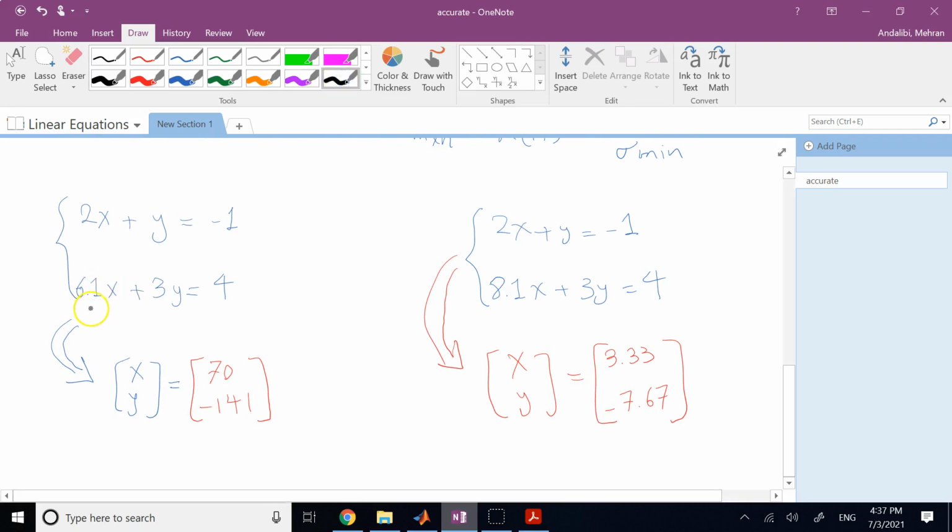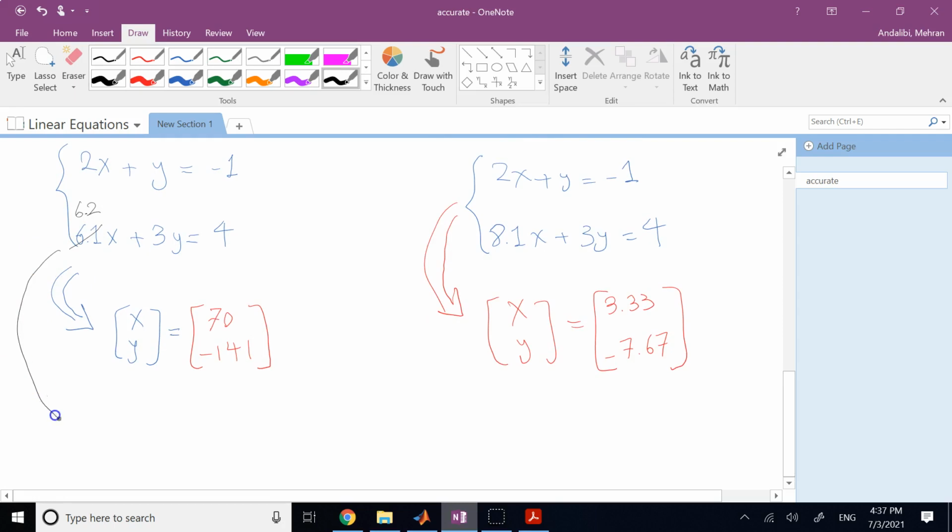If in this equation I change this coefficient from 6.1 to something slightly different, or any other one of these coefficients, say 6.2, let's say in my engineering application, I found that one of the parameters I had was slightly different. So I came back, changed it slightly, and now I'm looking at the new solution. Well, what do you expect?